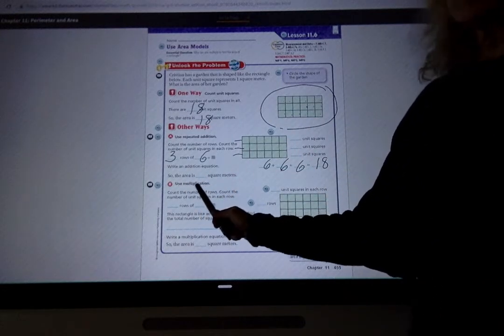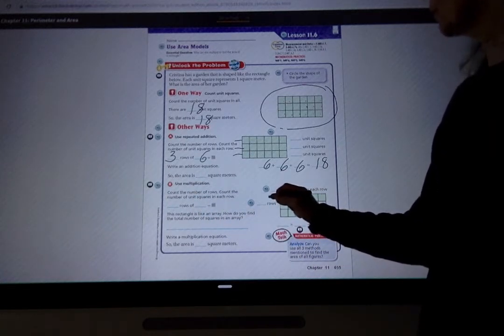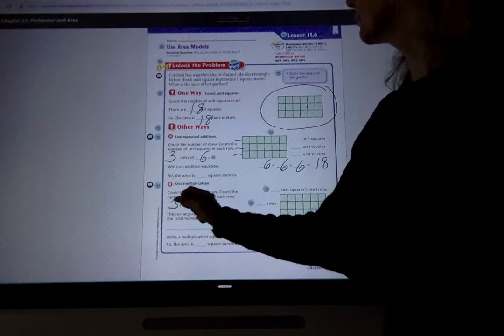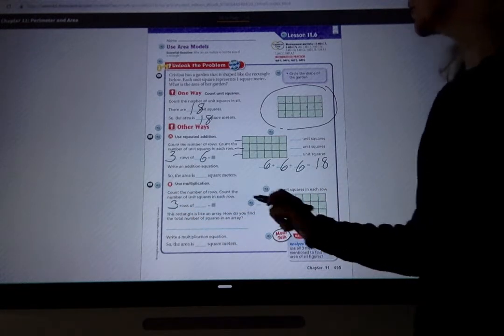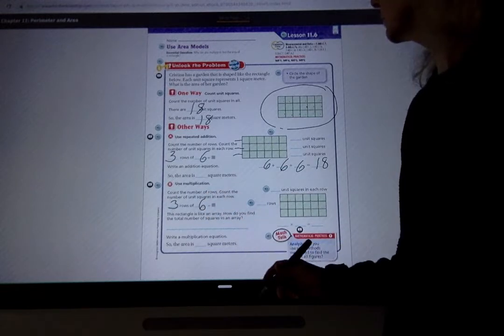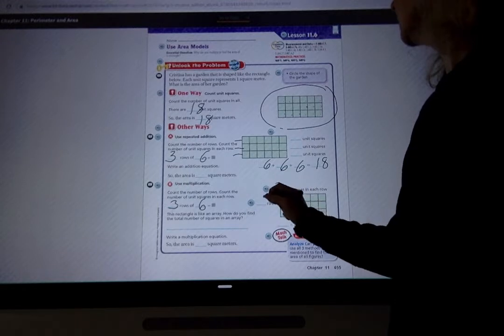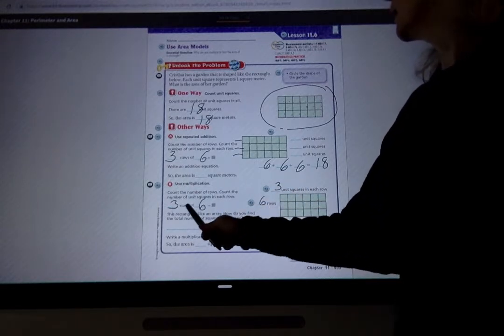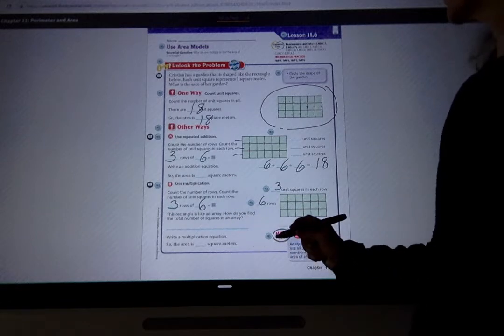Now we can also use multiplication. Count the number of rows, 3 rows, the number of squares in each row, 6, and we know 3 and 6. This rectangle is like an array. How do you find the total number of squares in an array?